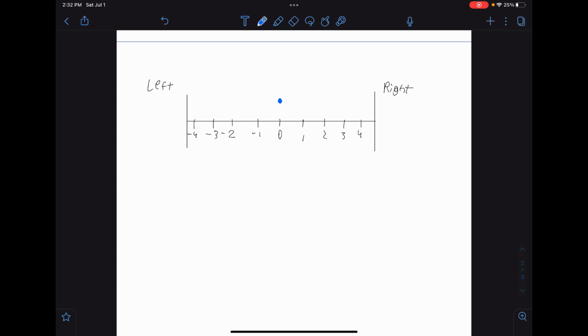What if I did this? Did I make it to 4 miles? I did. So the distance here is 4 miles. And the distance here is also 4 miles. You see how we didn't specify a direction when giving information. I just said go 4 miles. Well, that's distance then, right?